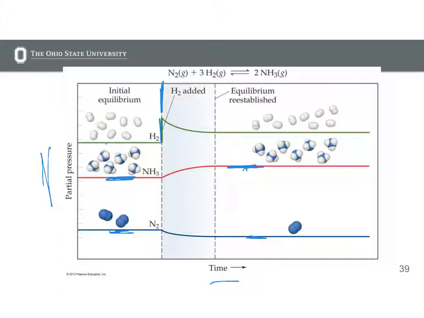It reacted away, right? You end up with more hydrogen than initially, but that's because we spiked the system with hydrogen. If you kept spiking with hydrogen and re-equilibrate, you would end up with higher and higher concentrations of hydrogen, and that nitrogen concentration would be depleted. Make sense? And of course, more and more ammonia.